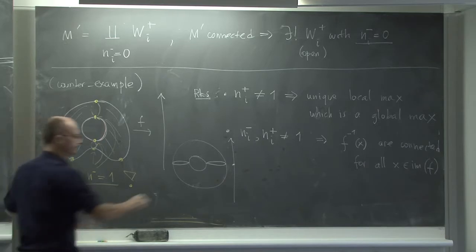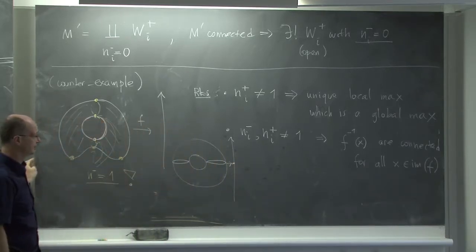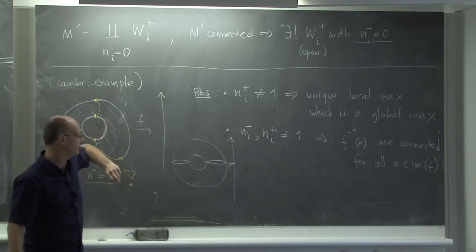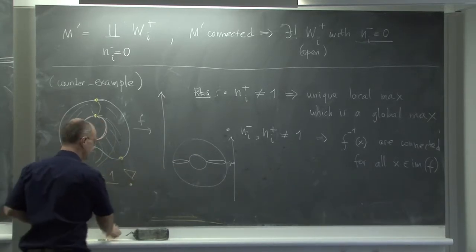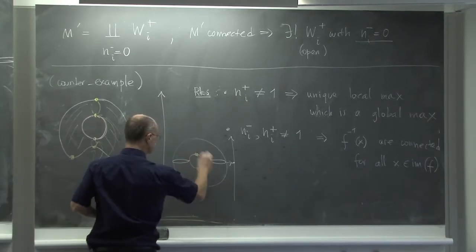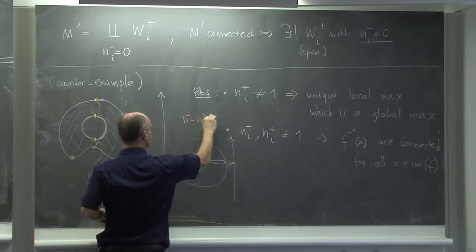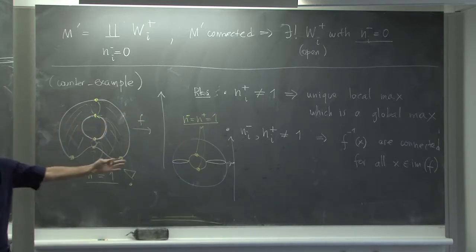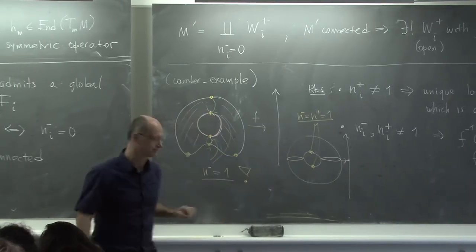So that's the fiber over this point. But again, we have n minus and n plus equal to 1 for these two critical points, which is, as we see, always very bad, and we have those disconnected fibers.